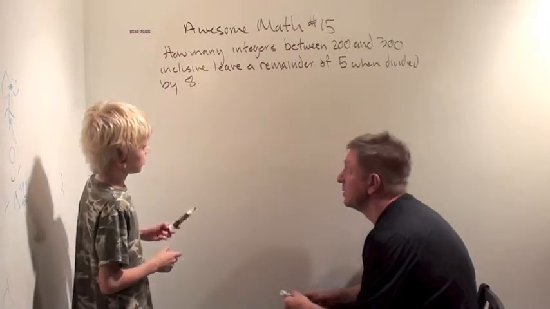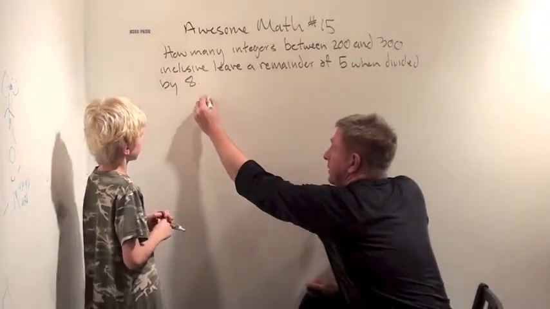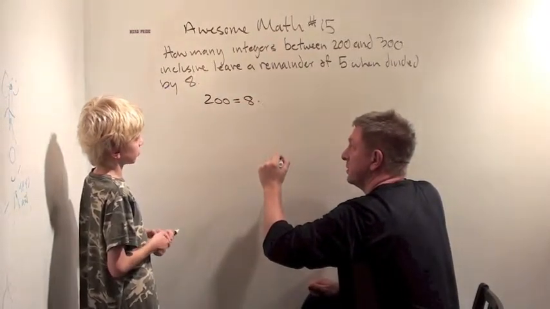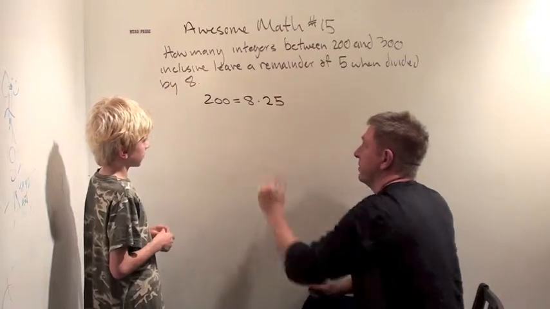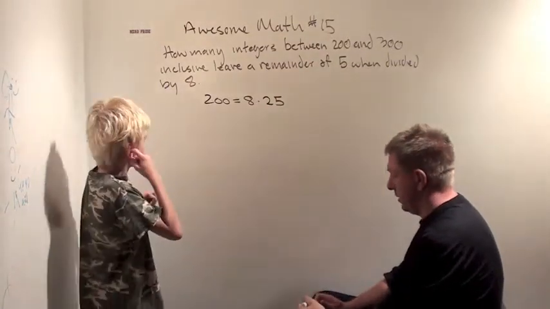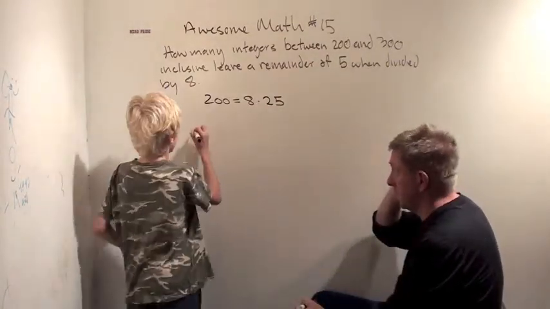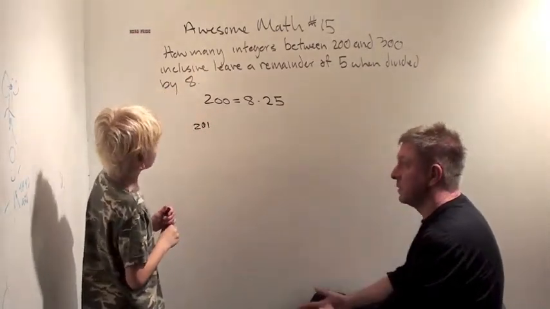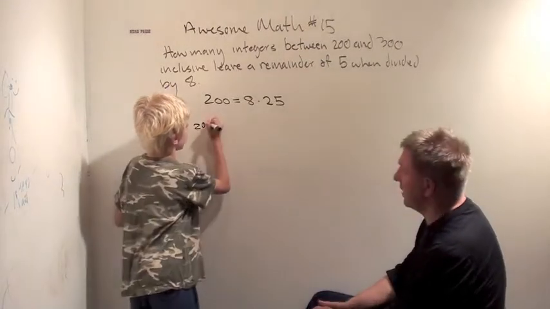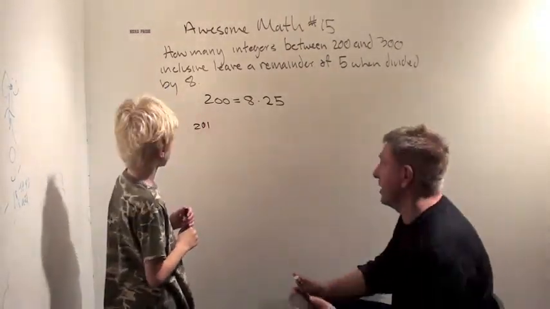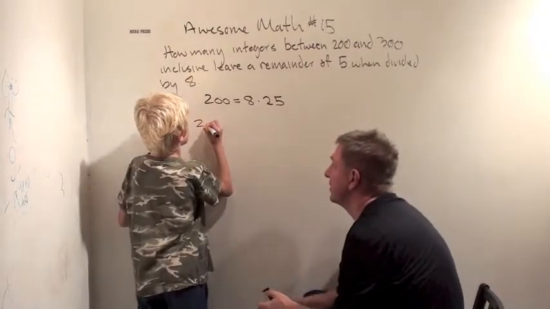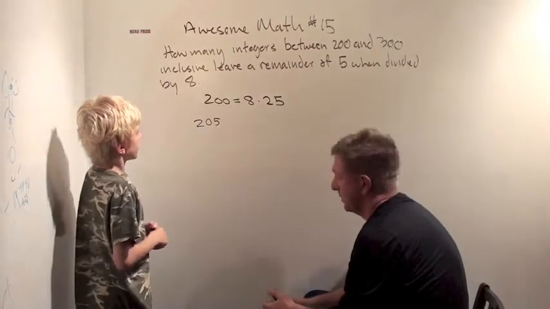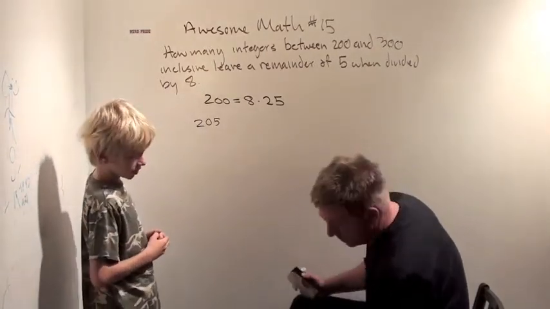So if we add 1 to that, 201. Why are you adding 1? We had 5. Our last problem we added 1, but in this one we're adding 5. 205. That's where our list starts.